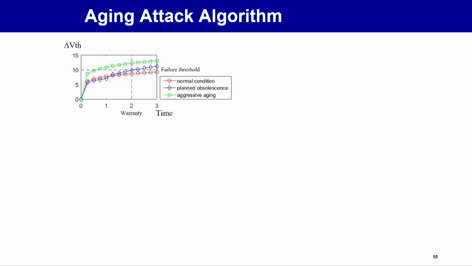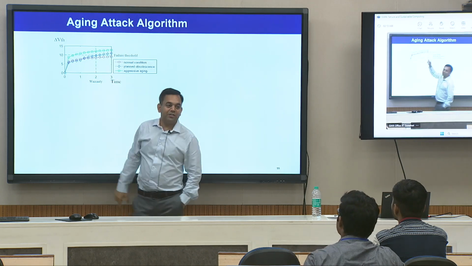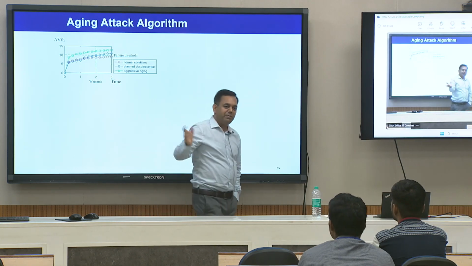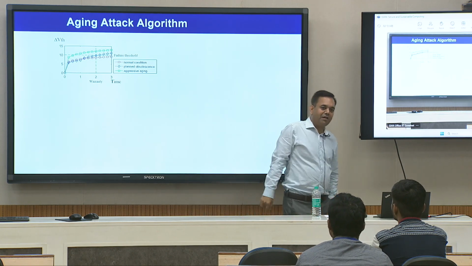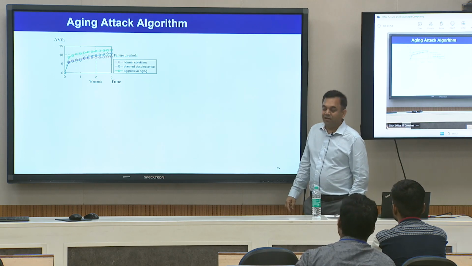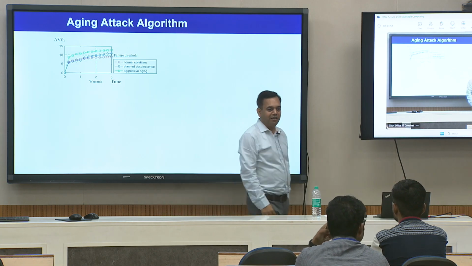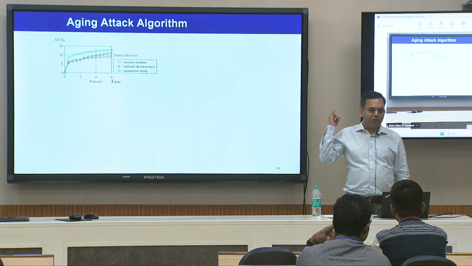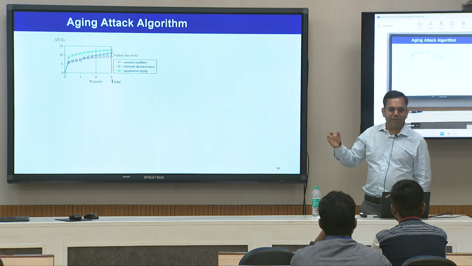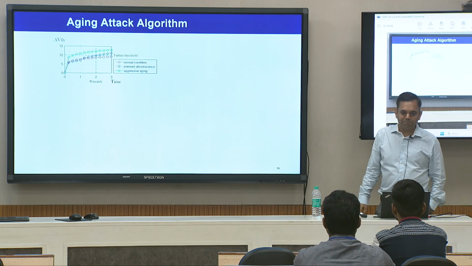Planning could be that until 2 years you don't do much, but just after 2 years you start the aging. In maybe 2 years and 1 month your device is gone, and then you are forced to buy a new one. So this is how planned obsolescence is done: reaching the failure point at the right time, as soon as the warranty expires.